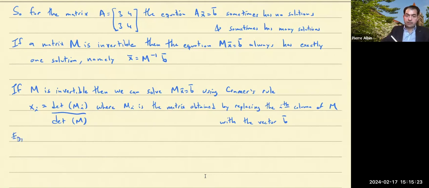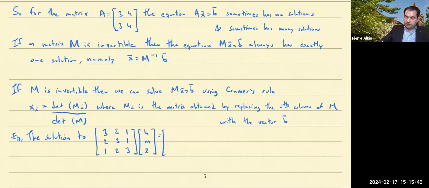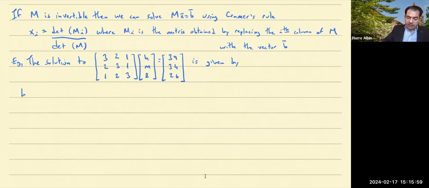So for example, the solution to the equation we solved in a previous example using Gaussian elimination is given by, well, x would be the determinant of, and all we need to do is replace this first column by this column.